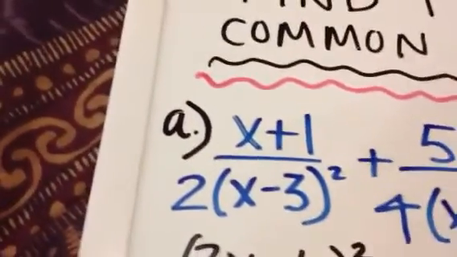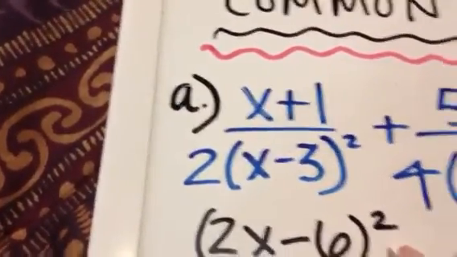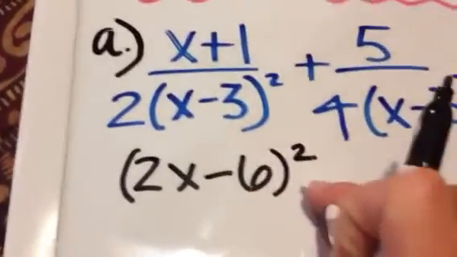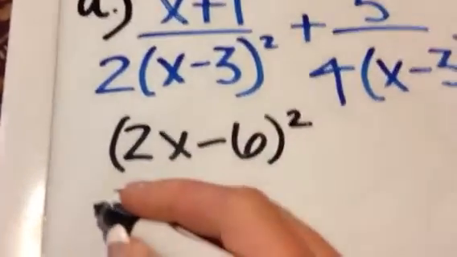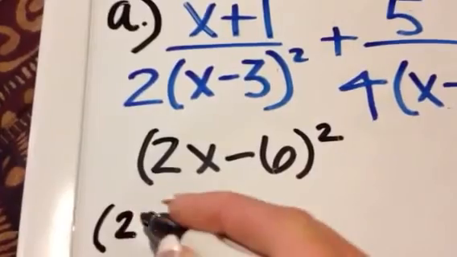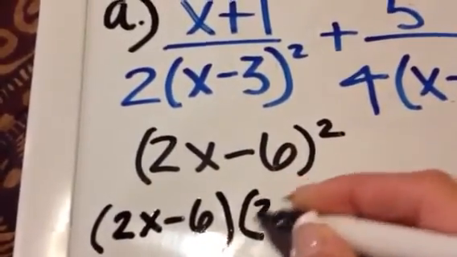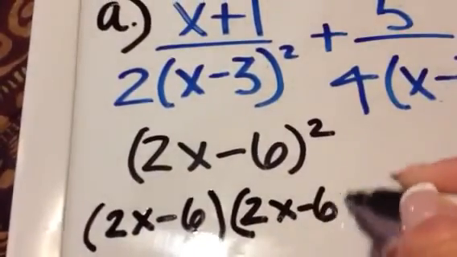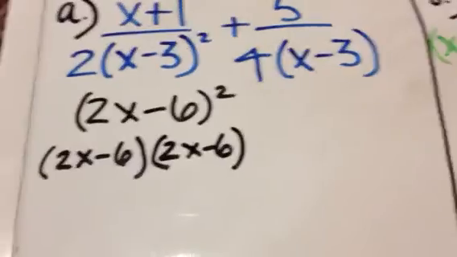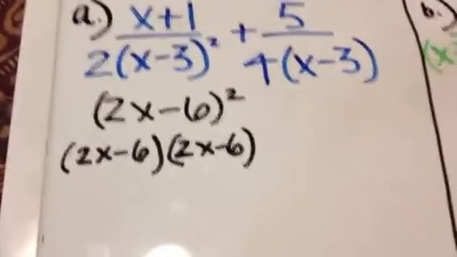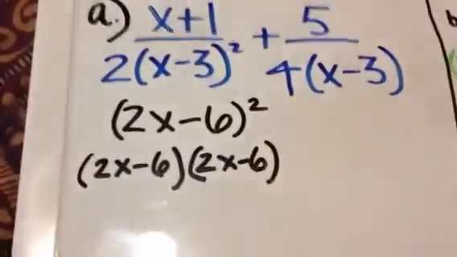Now, when you make this squared, it doesn't just mean that the 6 is squared and the 2x is squared. This 2 means that there's 2 copies of what's in the parentheses. And whenever you have two problems like this, it means to FOIL, or to multiply both sets, in other words.